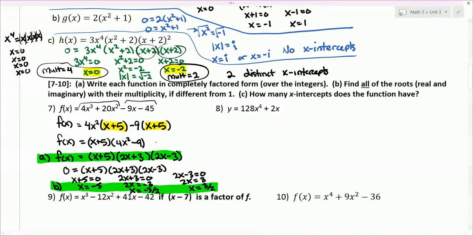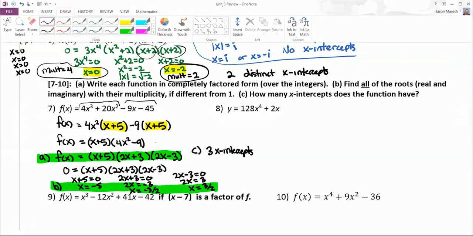And then part C, how many x-intercepts? For part C, we're going to state 3 x-intercepts, because really what C is asking is, you take a look at your answer to B and count how many of those are real, not imaginary. So that is part C.